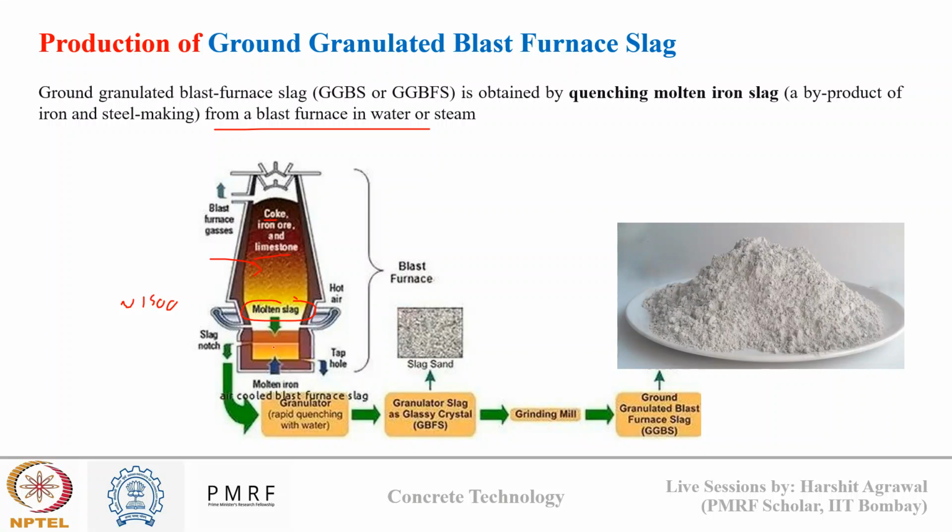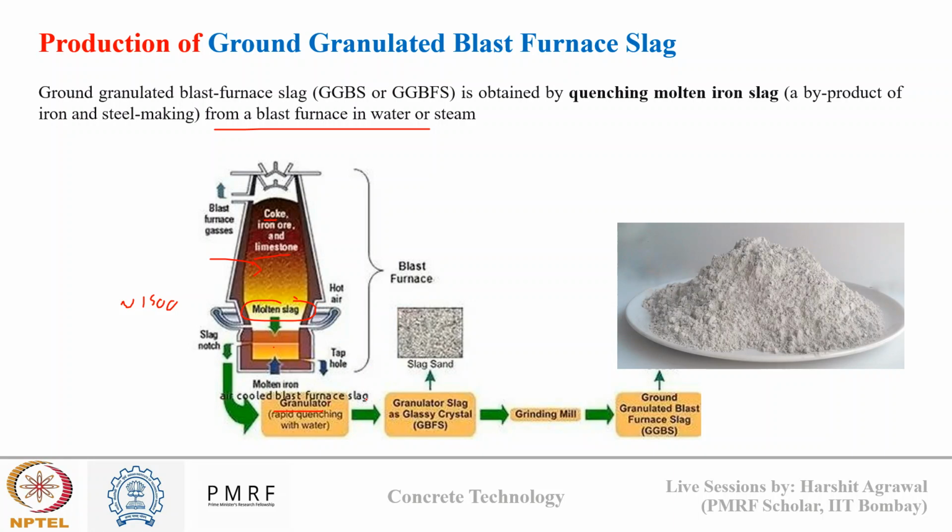Okay, so what we do, we separate the slag, molten slag, from molten iron, and to produce granulated blast furnace slag, this molten slag is rapidly cooled by quenching in high pressure water, and this rapid cooling, which is known as granulation of slag, gives this slag glassy structure.